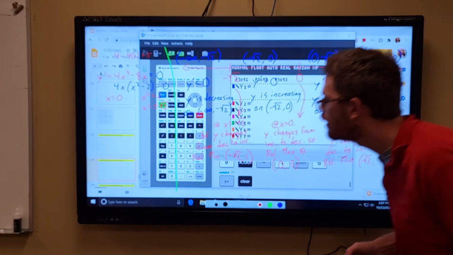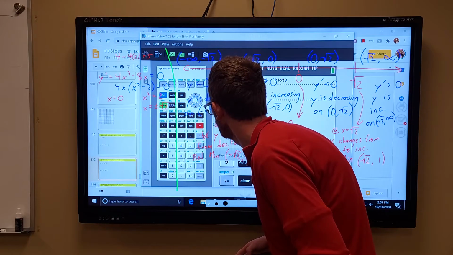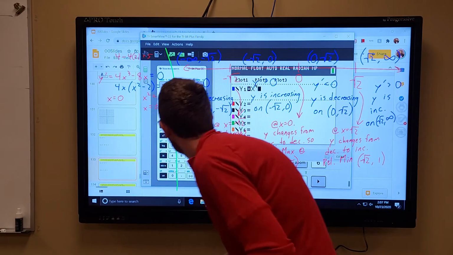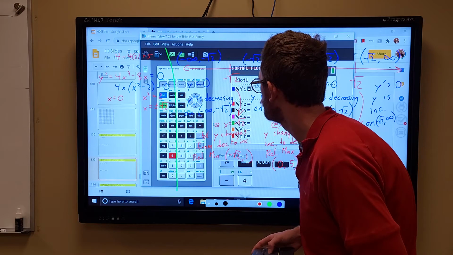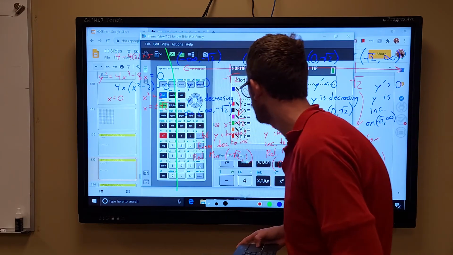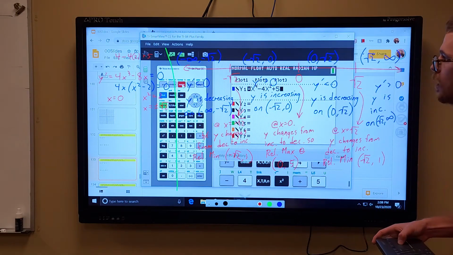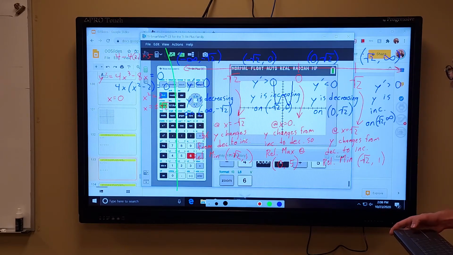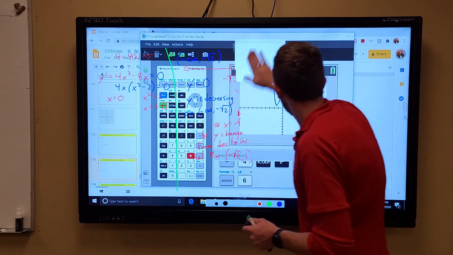All right, we've got x to the 4th, minus 4x squared, plus 5. All right. There it is.